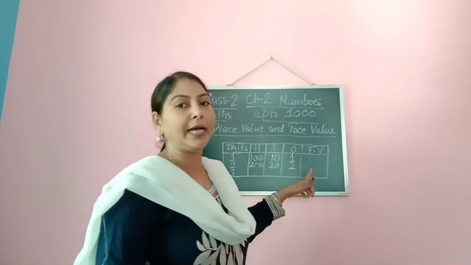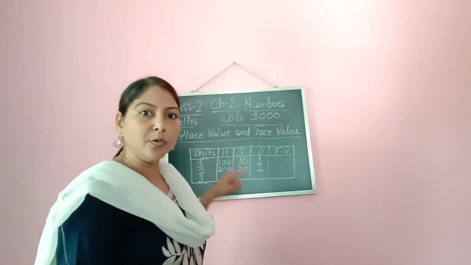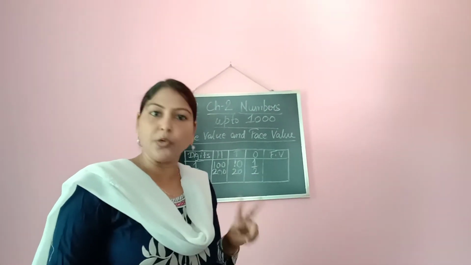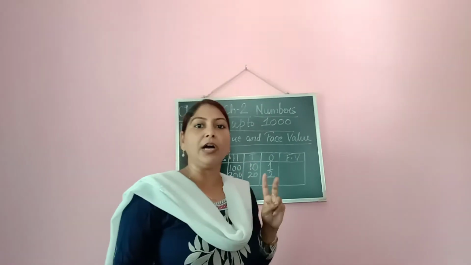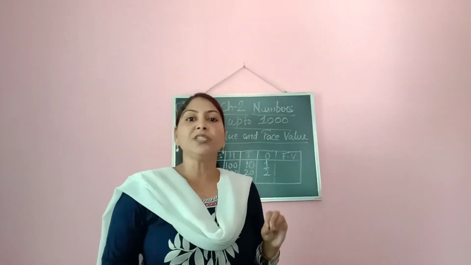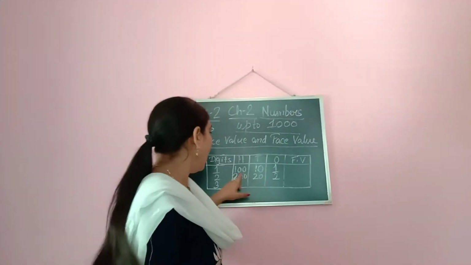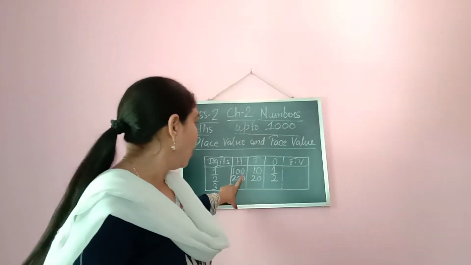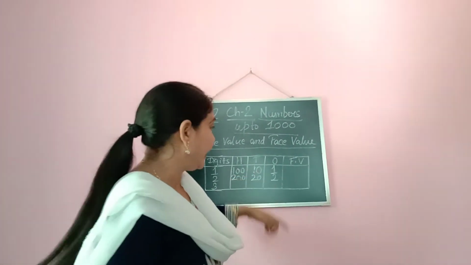In a similar manner, if I ask digit 1, will you say it is 2? You will not say 2. So what is the face value of a digit or a number? Face value is the number itself. Okay. So over here, if I ask you what is the face value of 1 in 100, it is 1 only.